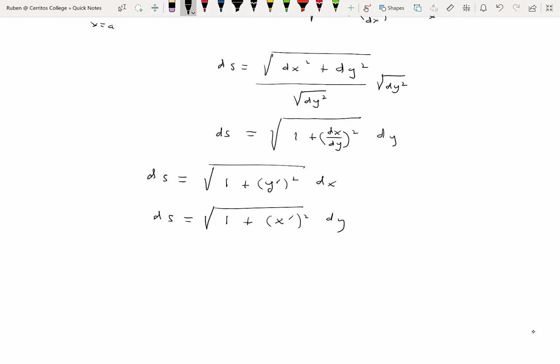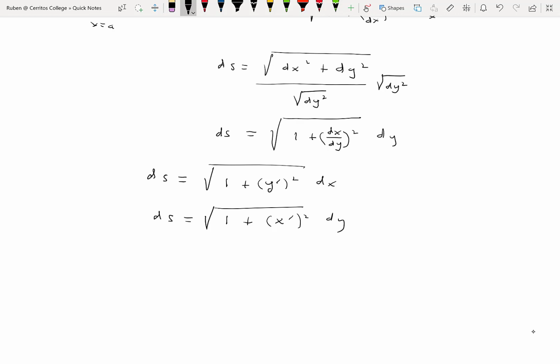So when you're finding arc length, you have a choice to make. Your choice is am I going to integrate with respect to x or with respect to y? Very often the choice is made easy because the statement of the problem will involve y as a function of x or x as a function of y, and then you just choose the easier formula.